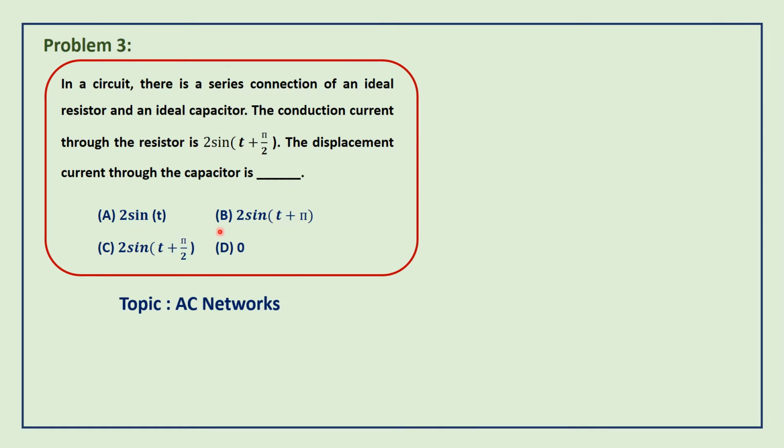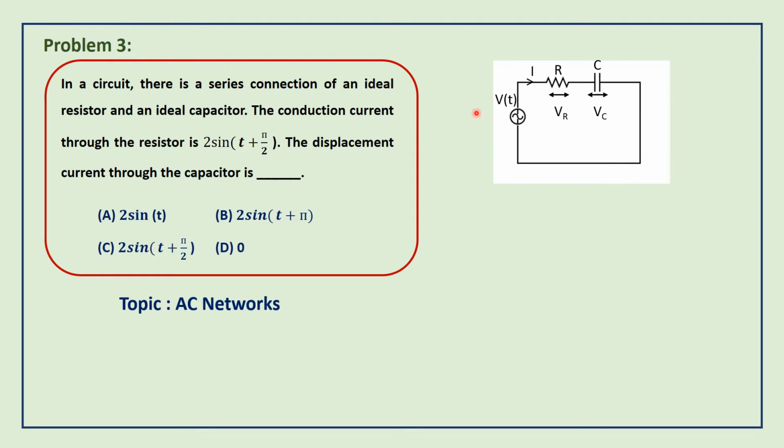The question is taken from the topic AC networks. It is a series connection of resistor and capacitor, nothing but an RC circuit. R and C are connected in series. The conduction current through the resistor is given as 2 sin(t + π/2).